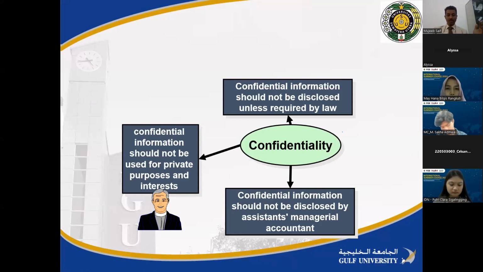All right. So confidential information should also not be used, and this is very important. Information of the organization that I'm working for should not be used for personal purposes, or to create a personal interest.